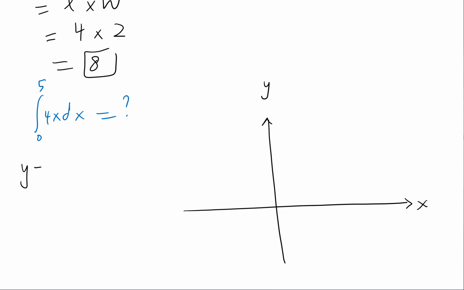So we need to graph y equals 4x. If x is 0, y is 0; x is 1, y is 4. So it goes from 0 to 5.